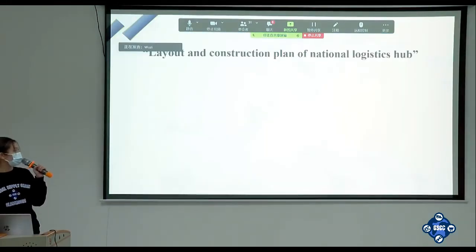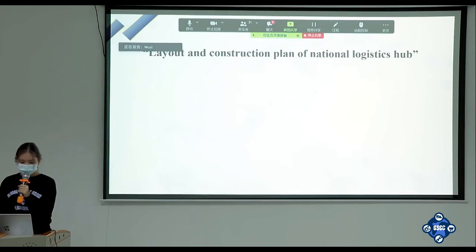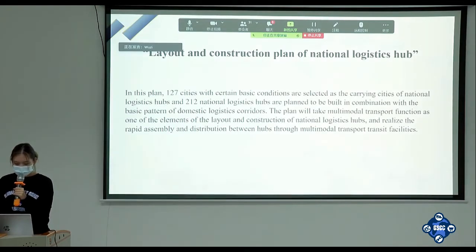Let me show you the second policy, called Layout and Construction Plan for National Logistics Hub. In this plan, cities with certain basic conditions are selected as the carrying cities of national logistics hubs, and more than 200 national logistics hubs are planned to be built in combination with the basic pattern of domestic logistics corridors.